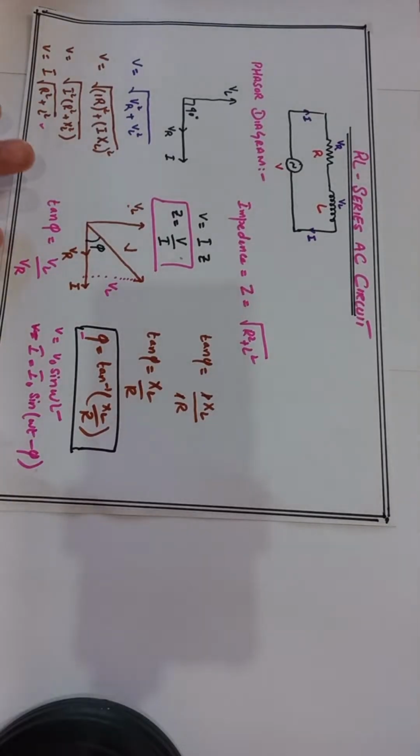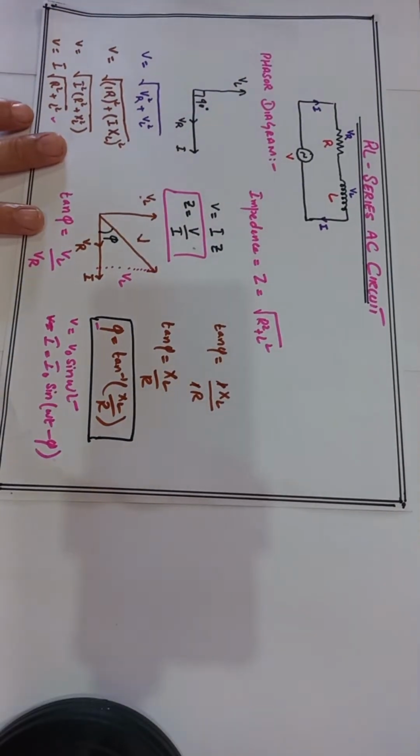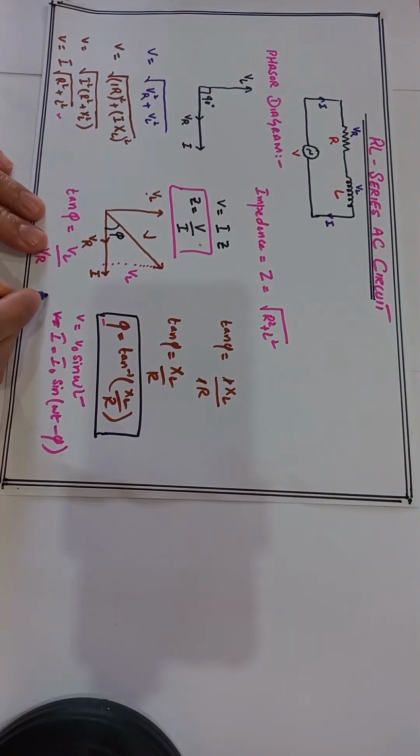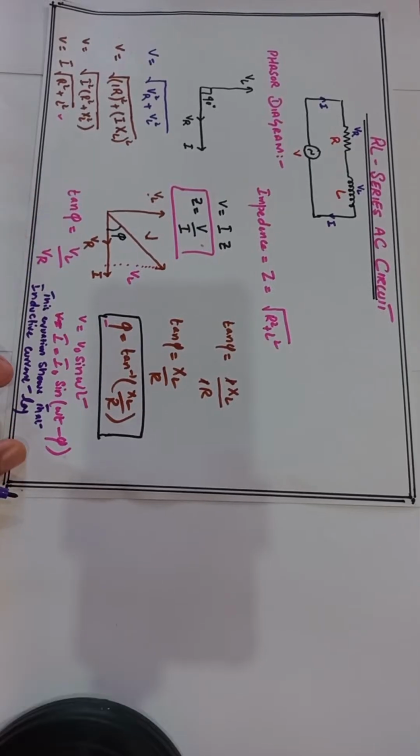So this equation shows that the current lags behind the voltage by angle phi.